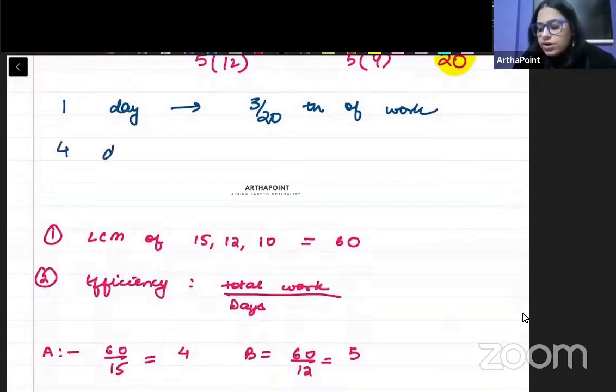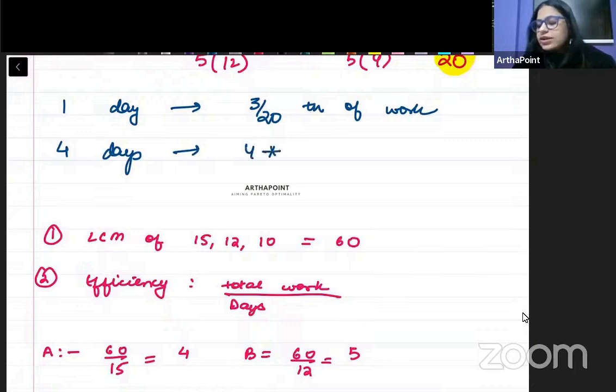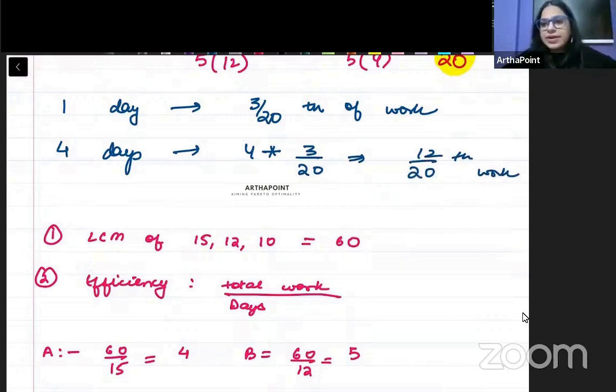So in 4 days, how much work will they complete? The 4 days are together. So 4 into, in one day they are covering 3/20th of the work. So in 4 days, they will cover 12/20th of the work. Total work is 1, beta. Out of which 12/20th of the work has been completed.